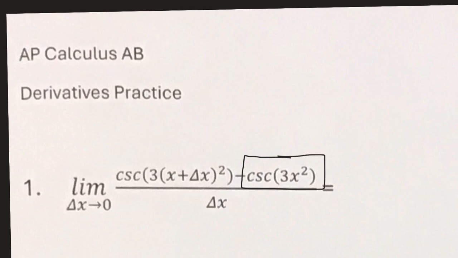This is the definition of derivatives, difference quotient. You just need to recognize if you're taking the limit of a function, and you see as delta x goes to 0, so we're getting smaller and smaller and smaller intervals. You see your x plus delta x in here, and then you see your function here.